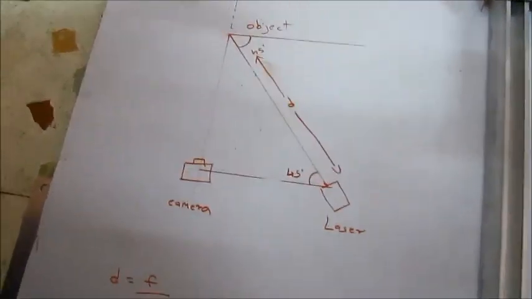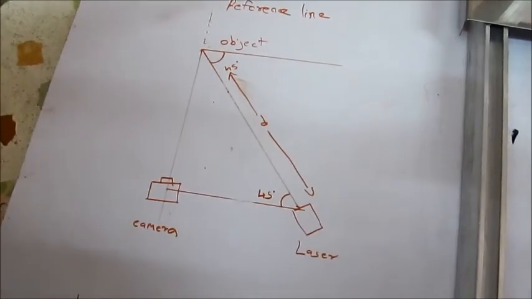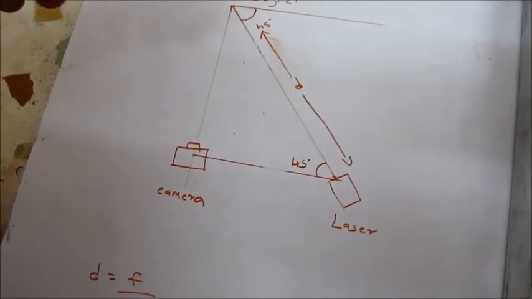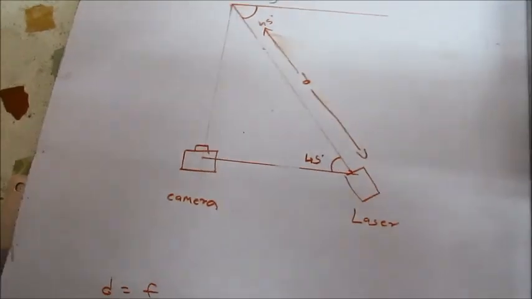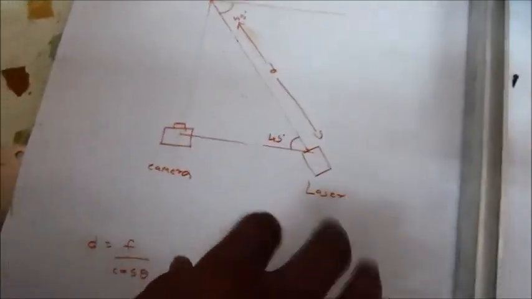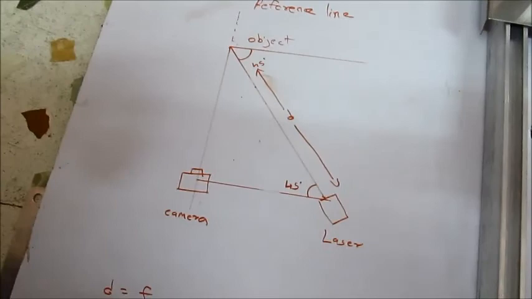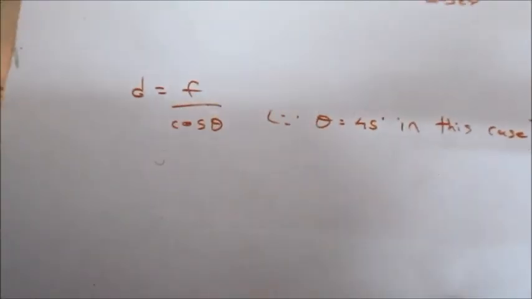For calculating the distance d, we have two main values. First, f is the distance between the camera and the laser, and theta is 45 degrees. From this formula we can calculate the depth of the object, and from the depth we have to calculate the x, y and z coordinates for our 3D object.